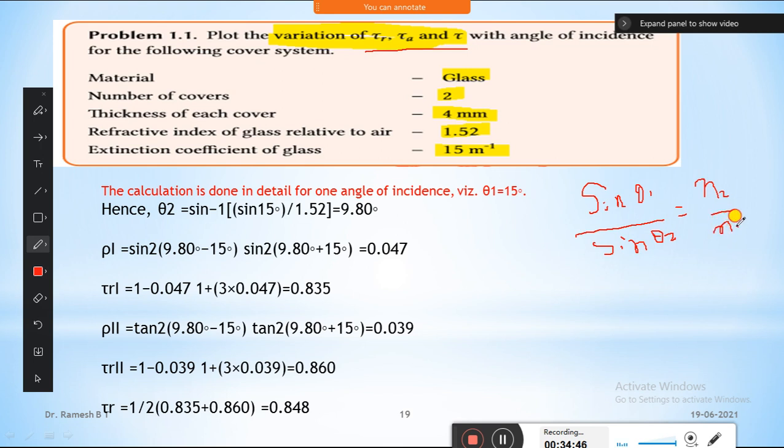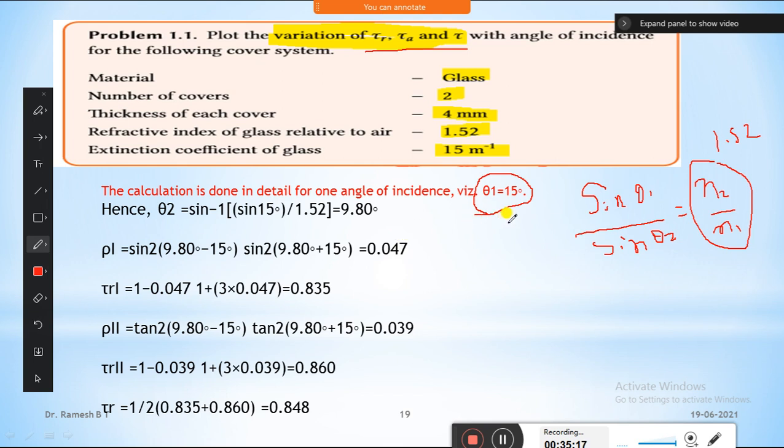This is the equation we know, and this value is given as 1.52. Generally we consider the angle of incidence as 15 degree. Assume for the calculation purpose that theta 1 is equal to 15 degree.